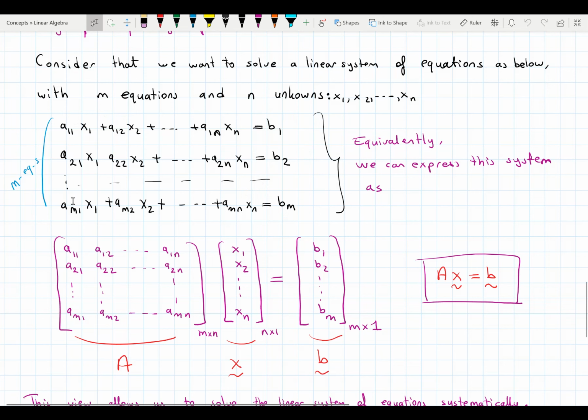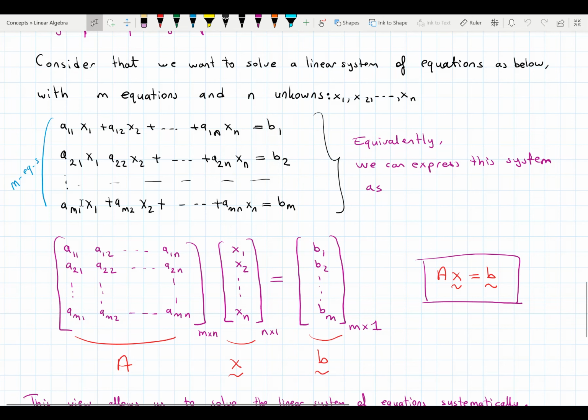This is called a coefficient matrix. It has A11, A12, A1n, the coefficients of the unknowns. We also construct x1, x2, xn as a column matrix, and the left-hand side is equivalent to the matrix multiplication of this times the unknown column vector. And the equation says that this is equivalent to the vector b1, b2, bm.